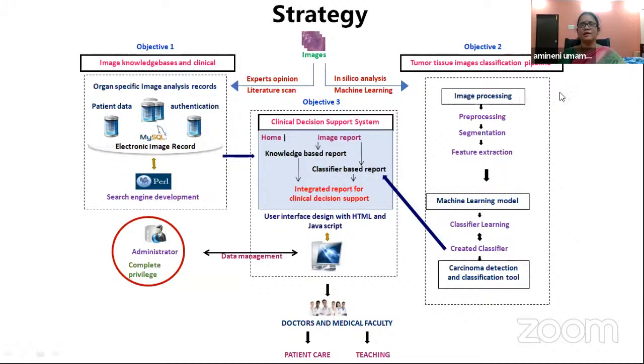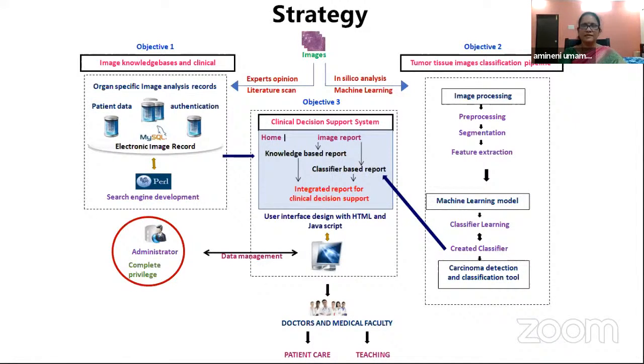Here it is machine learning; through the machine learning algorithms, it will read. And finally, the reports will come here in objective 3, the clinical decision support system. So this image knowledge-based report means from the doctor, we will get the report. And from the machine, we will get the classifier-based report.